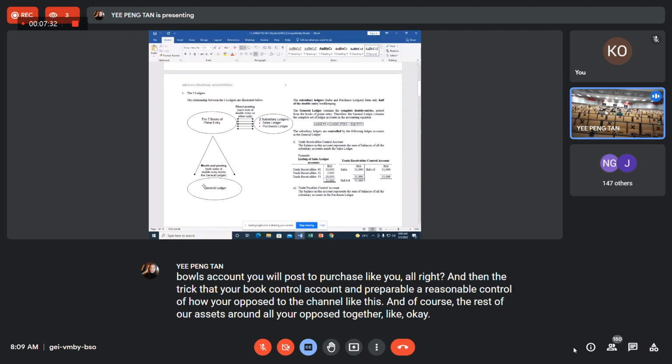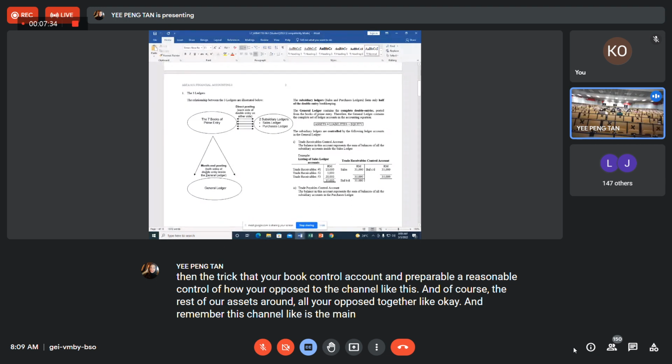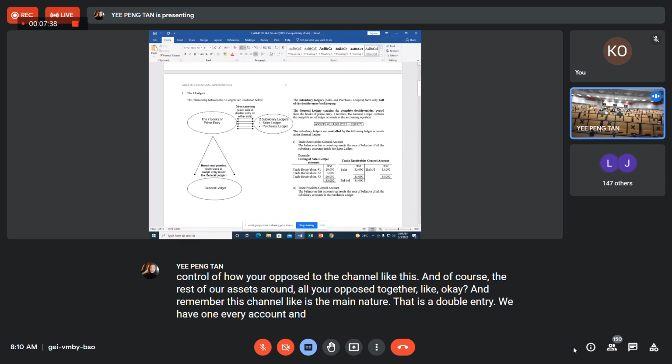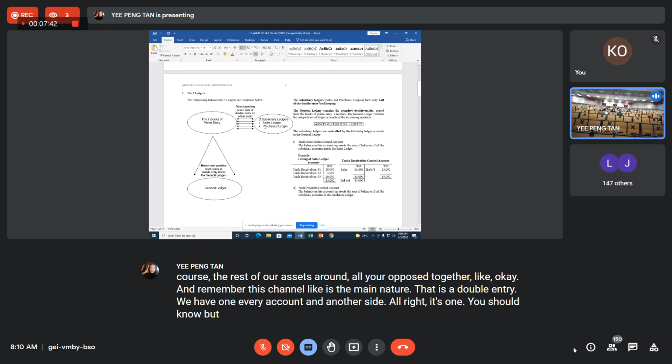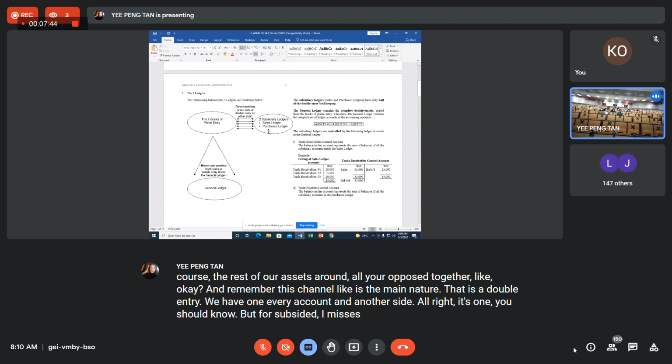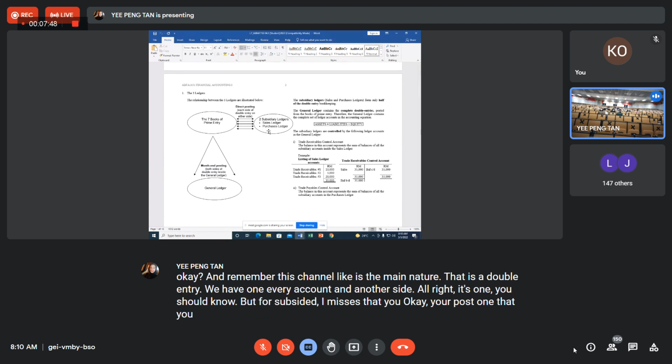Remember, the general ledger is the main ledger and it is double entry. If you have a debit side, you have to have the other side as credit. But the subsidiary ledgers, that means the sales ledger and purchase ledger, are single entry only. You post one side, you don't need to post the other side. So the subsidiary ledgers are kept outside the double entry bookkeeping.